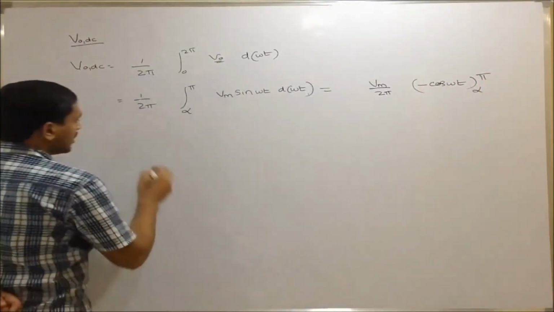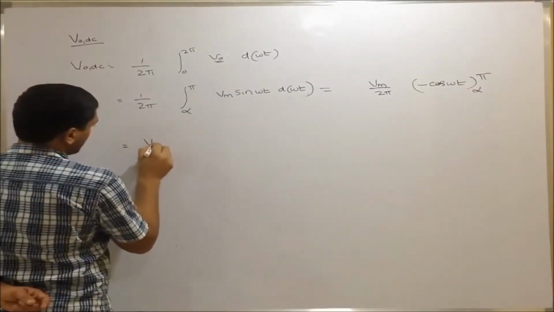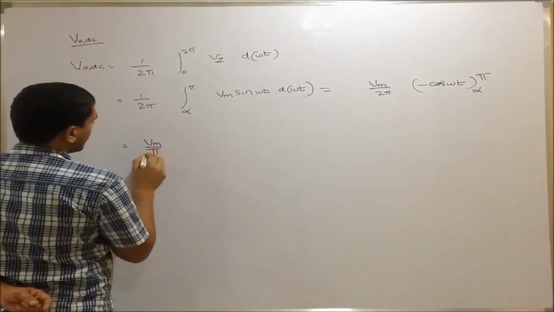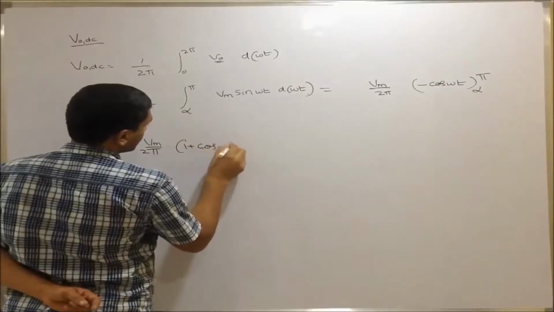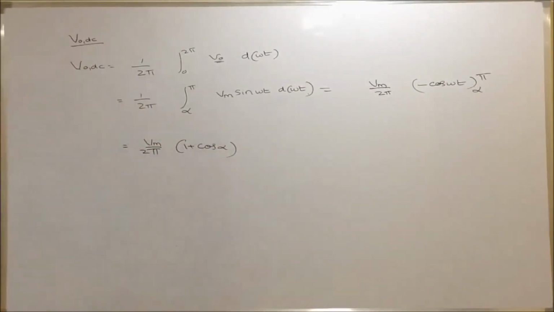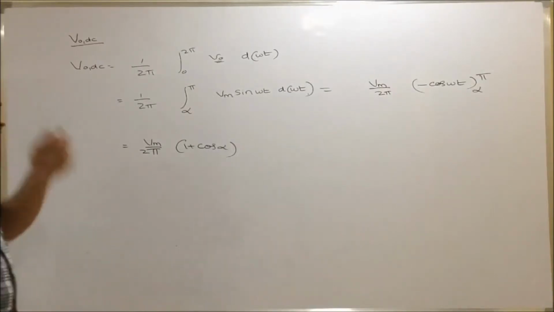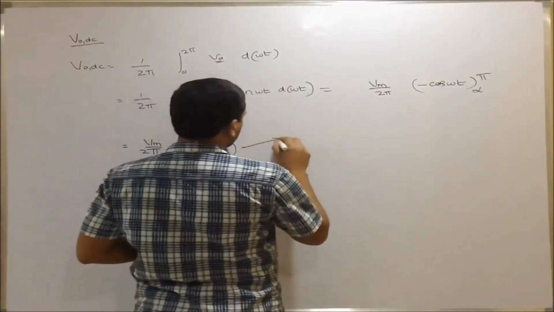So if I simplify, I get Vm by 2 pi into 1 plus cos alpha. This is the expression for my average voltage. This is the direct method.